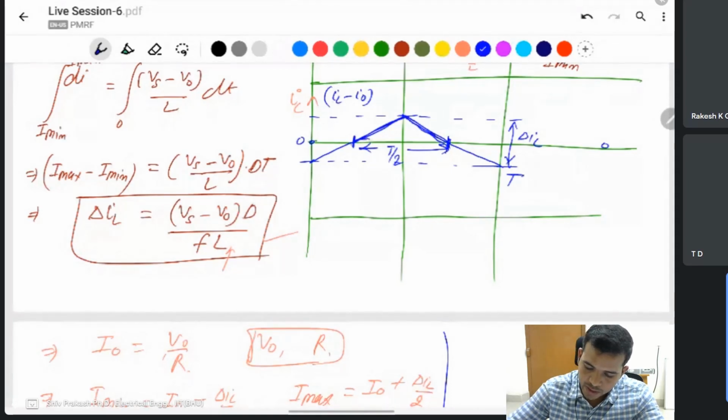And this one will be delta IL by 2. If you find this average charge, delta IL by 2, this is a triangle.